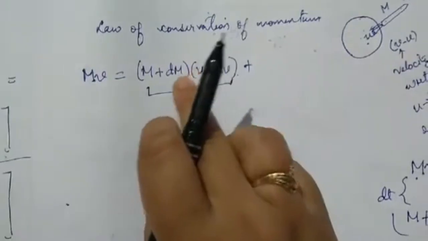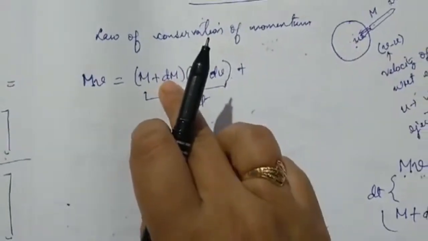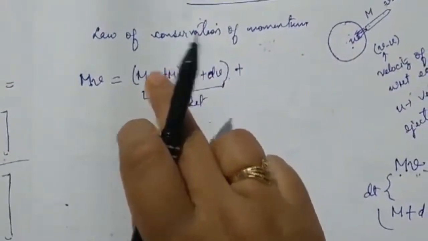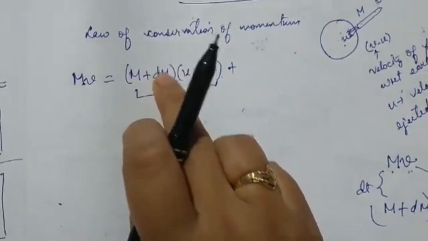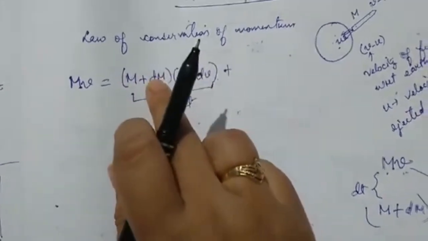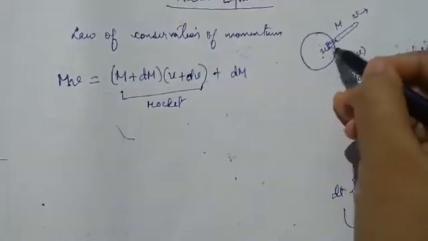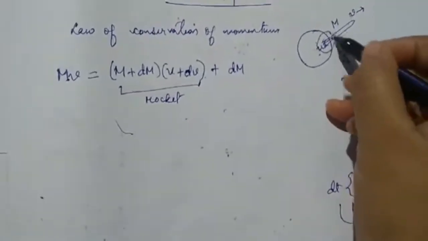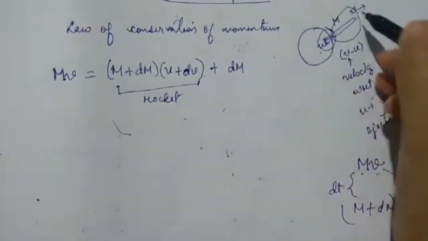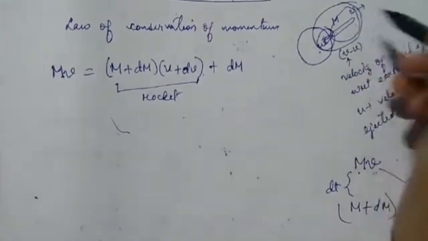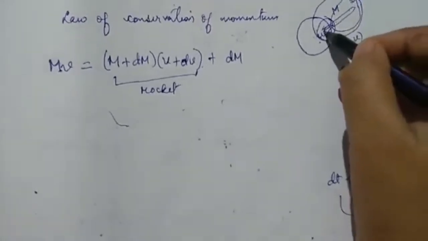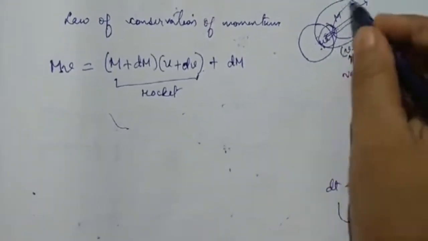Since mass has changed here for the rocket, this change in mass is nothing but the mass of the fuel ejected. So dm is whatever is getting ejected. Here we have two systems: initially this is the whole single system, later on the fuel got ejected, so now it is a different system.